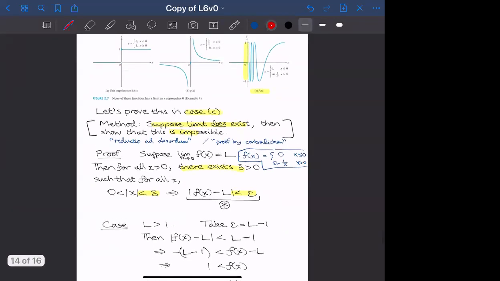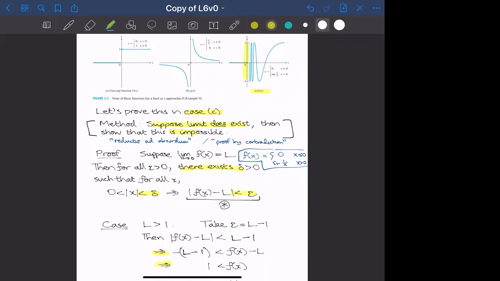So then star says that |f(x) minus L| is less than L minus 1. So that means, in particular, that f(x) minus L is greater than minus that, so minus (L minus 1). And we can rearrange that inequality to get f(x) is greater than 1.